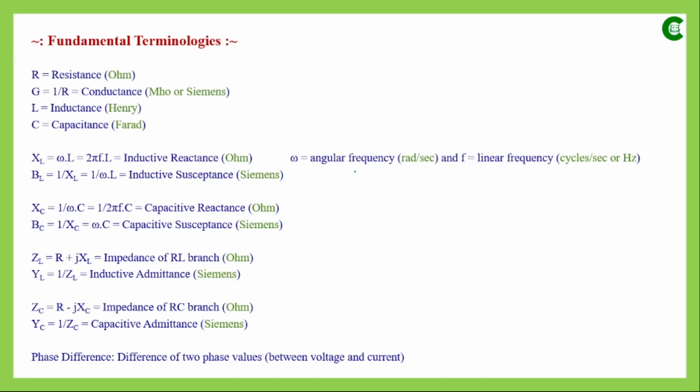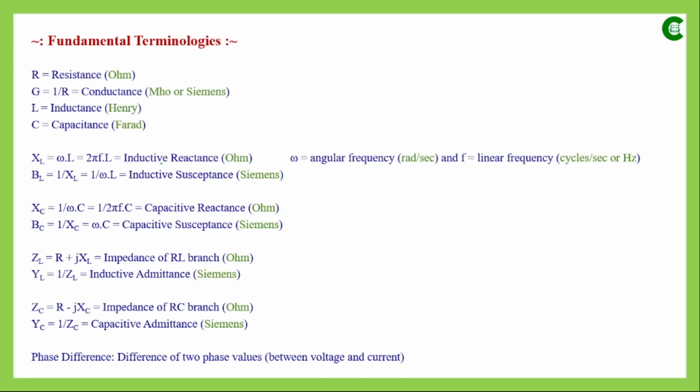So here the angular frequency is radian per second, and the relationship between angular frequency and the other frequency that we know, which is linear frequency, is omega equals 2 pi f. We are already familiar with linear frequency, which is measured in terms of the distance we cover linearly, and the unit of linear frequency is cycles per second, which we also term as hertz.